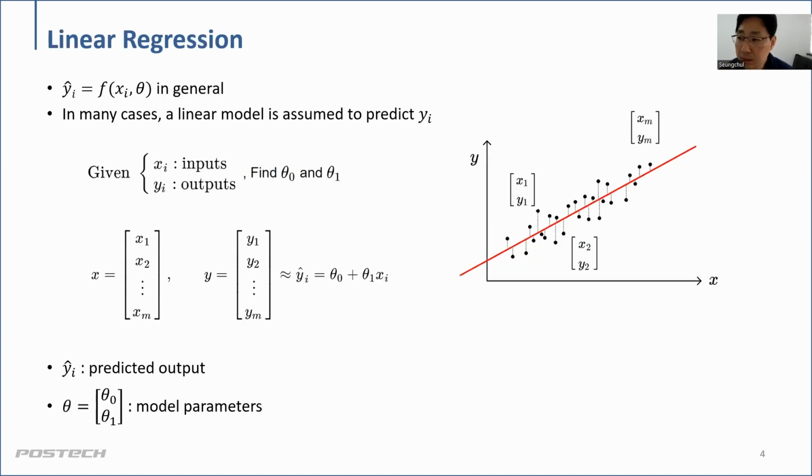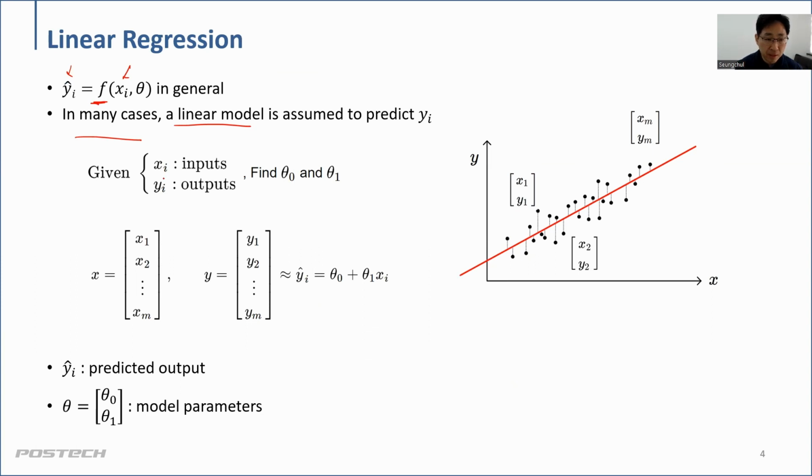Let me get back to a formal definition of linear regression. In general, for input and outputs we can have any function f, but in many cases we assume that the model is linear.